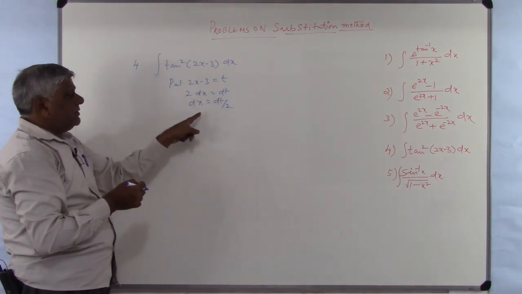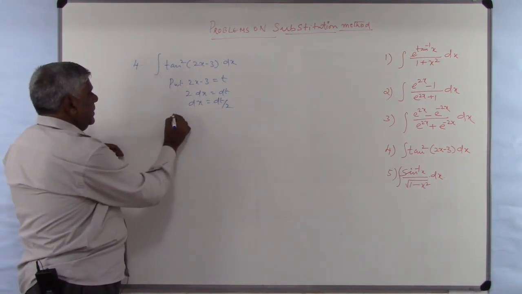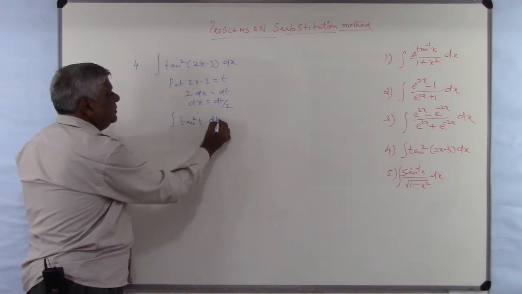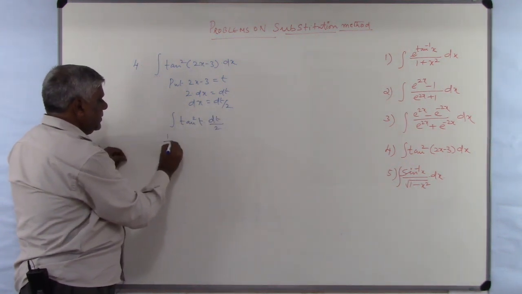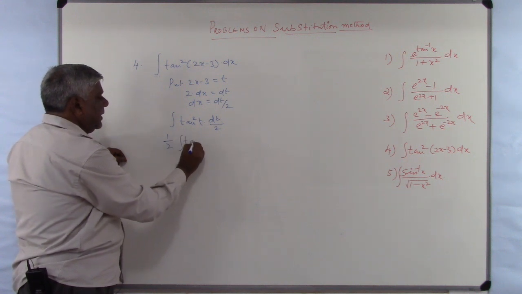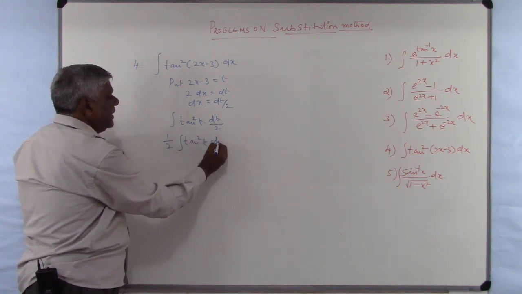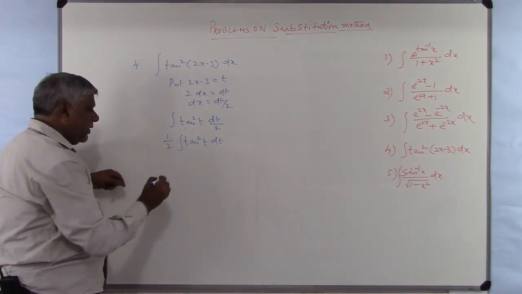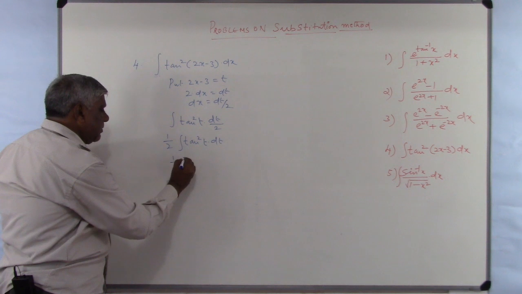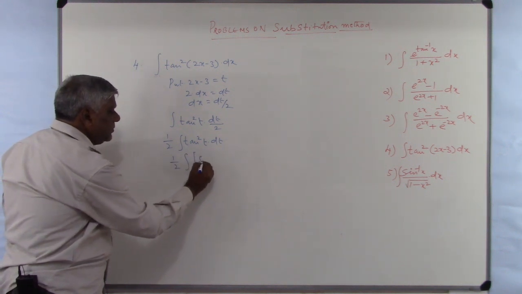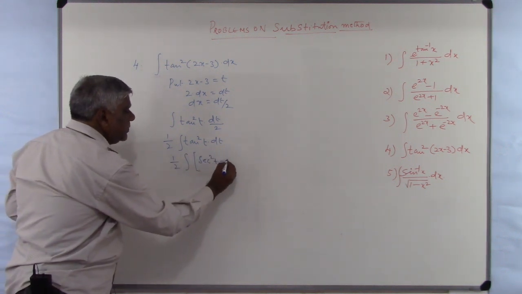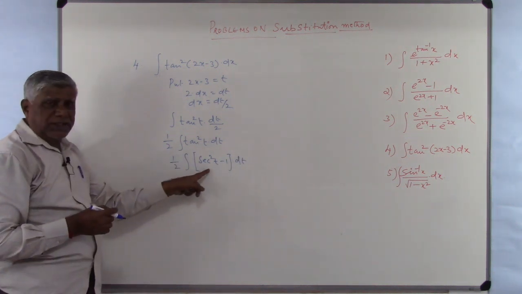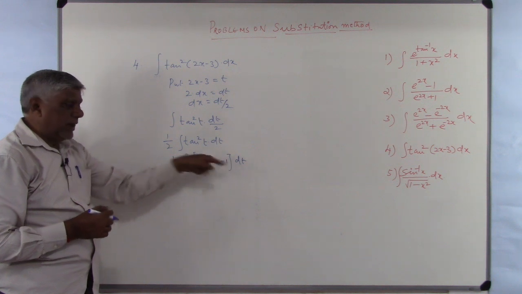So we get integral tan square t dt by 2, that is half of integral tan square t into dt. See, as it is, we cannot integrate this. For this, what are we going to write? We are going to use the formula: tan square theta is equal to secant square theta minus 1.